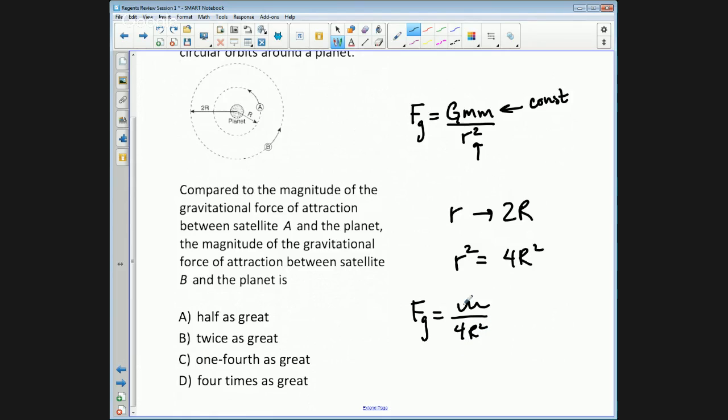So if this is being divided by 4, then this is being divided by 4. So that means that the answer is C, 1/4 as great, which is 1 over 4. Okay. So just to repeat, if you're dividing by 4 on the right side of the equal sign, you have to divide by 4 on the left side of the equal sign to make sure that you're balancing the equation.